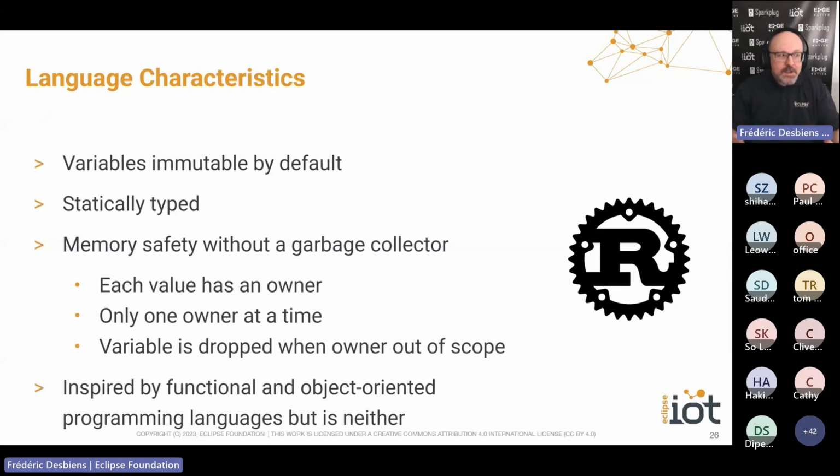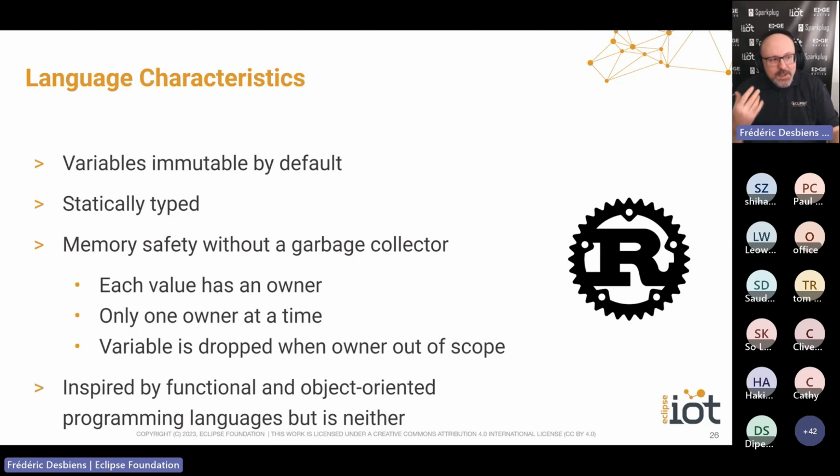So in Rust, variables are immutable by default and statically typed. And this means that the compiler will find most of the problems about concurrency and things like that at compile time. So you won't have buffer overflows or anything like that at runtime because the compiler is detecting them statically at compile time.